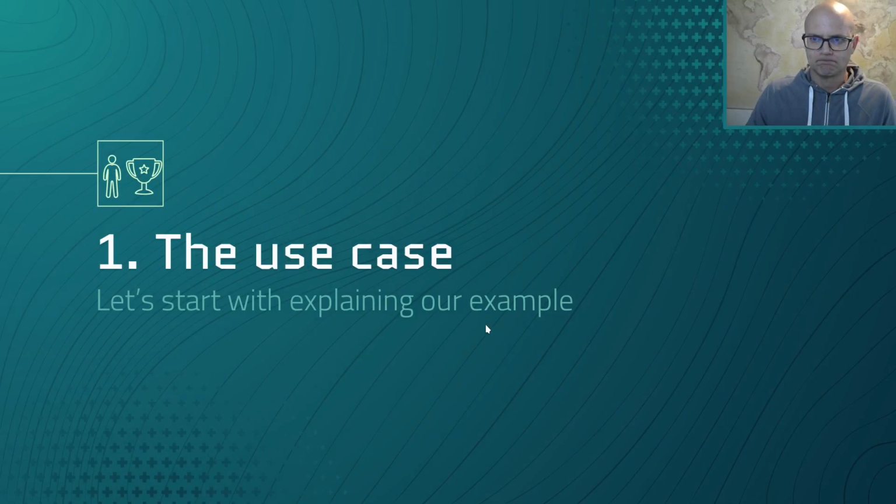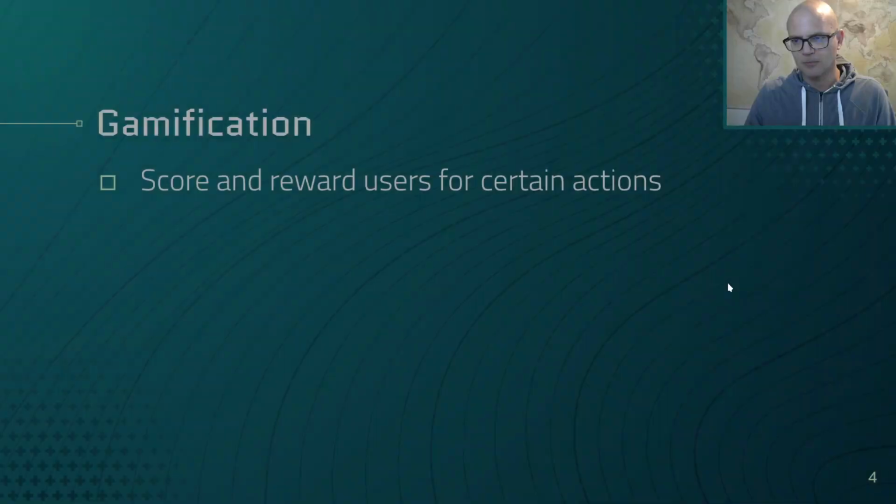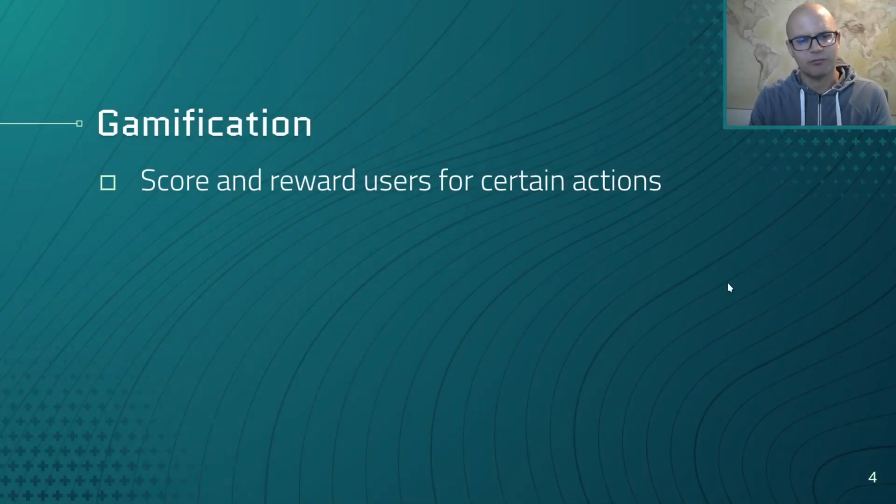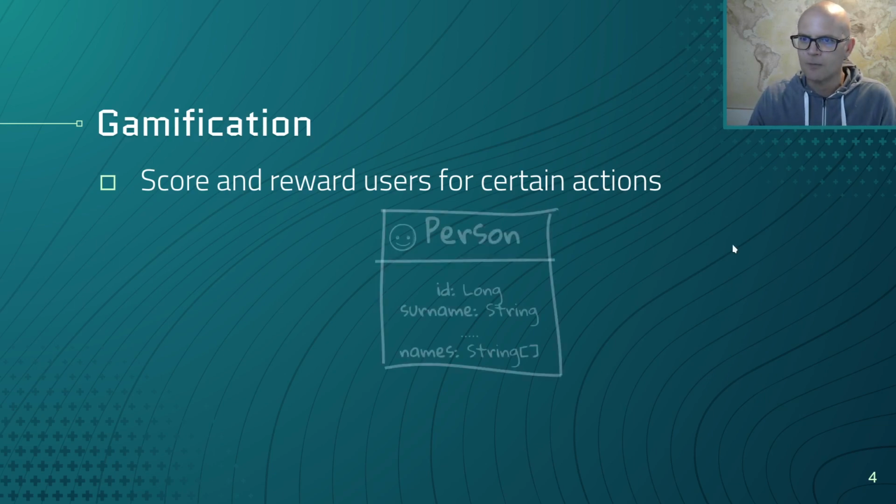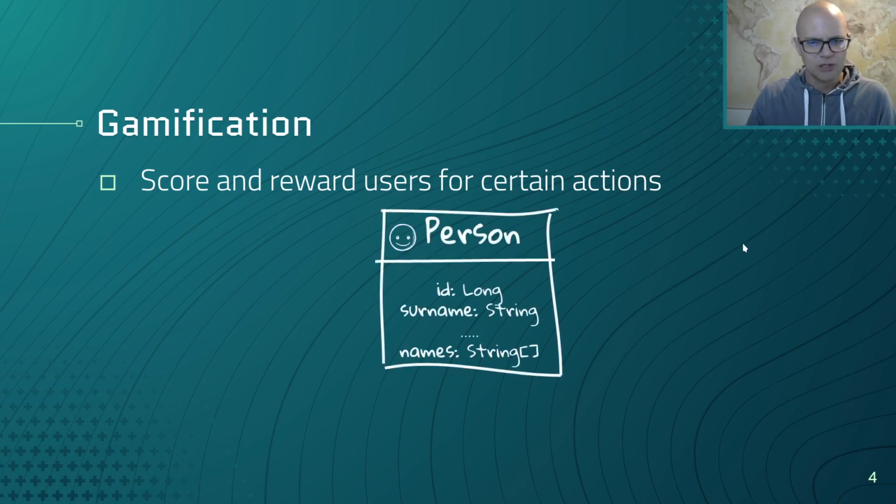Okay, so the use case. We've built this gamification type application, or a score application, or a rewarding type application. Think of frequent flyer miles or something like that, where you get points for doing certain things. So we have a person object, which is the member of this rewards or gamification program.